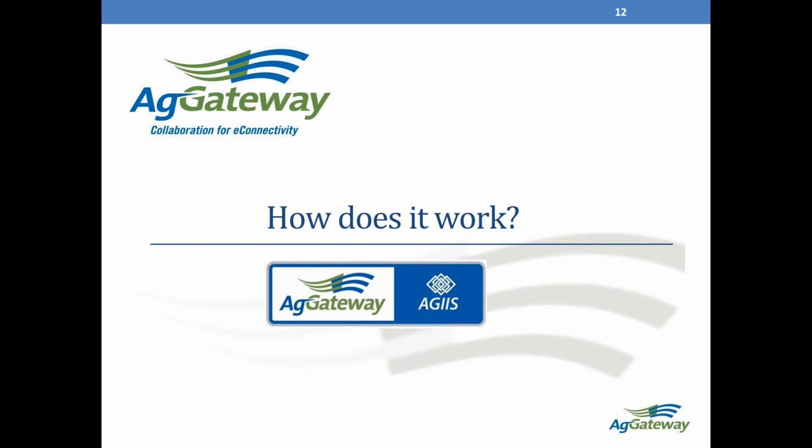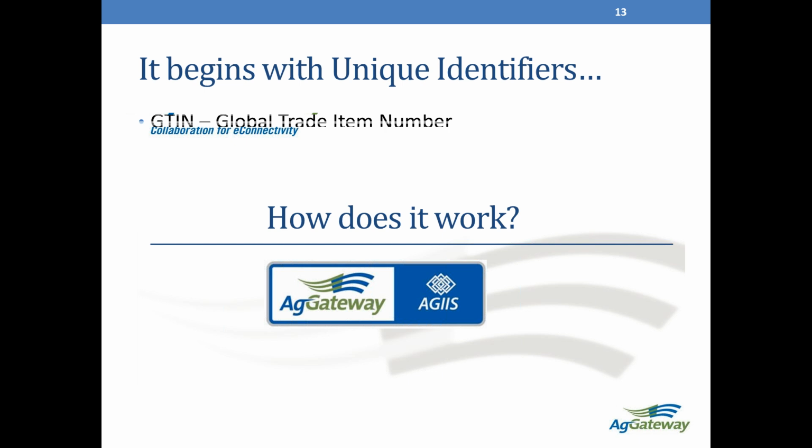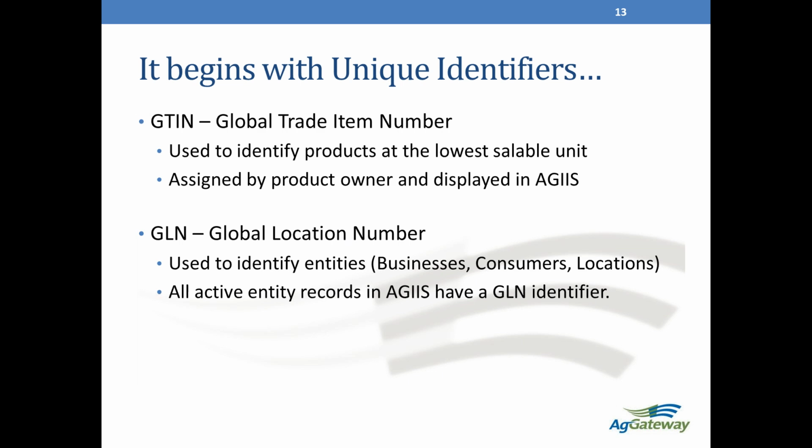So here is a snapshot of the database. From an entity side, we have approximately 5 million entities that consist of businesses, consumers, and locations. Now, one entity within AGIIS can have multiple classifications.